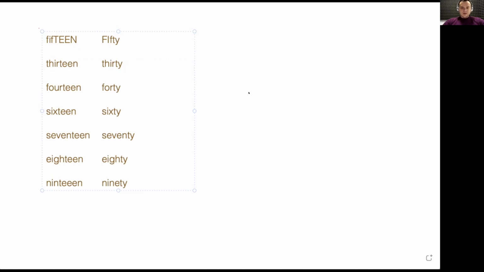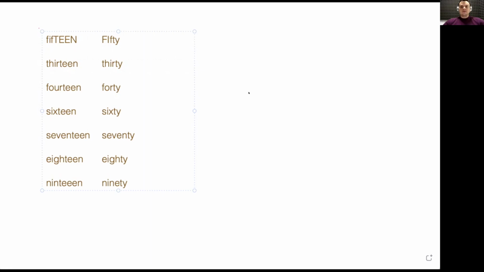Good. So when you do something like this, really stick with the rhythm between the words too, so that you're constantly reinforcing the pause. Right, 15, 13, 14, 16, 17, 18, 19, right?